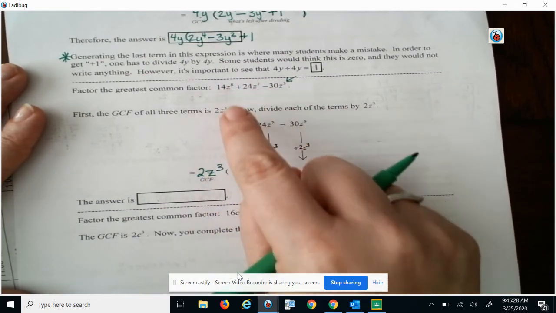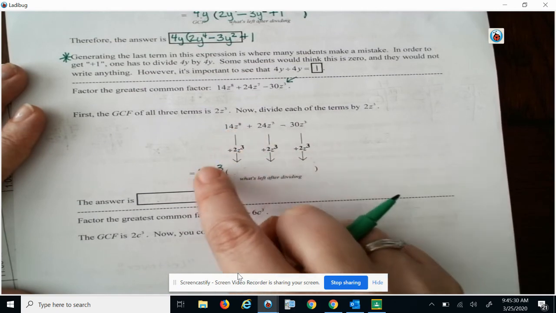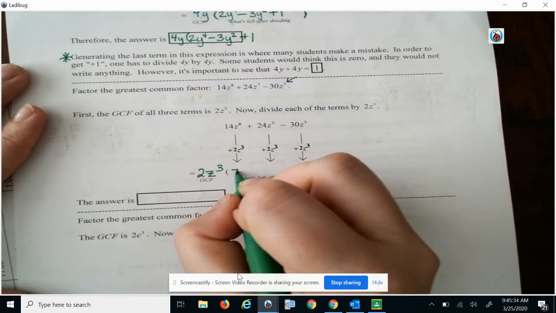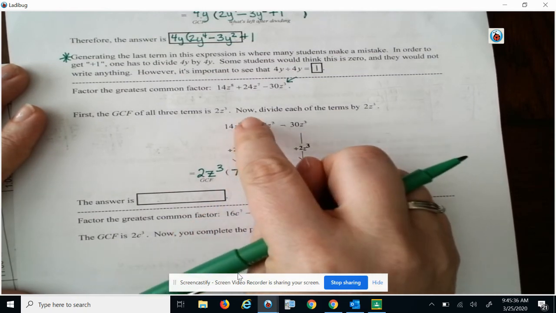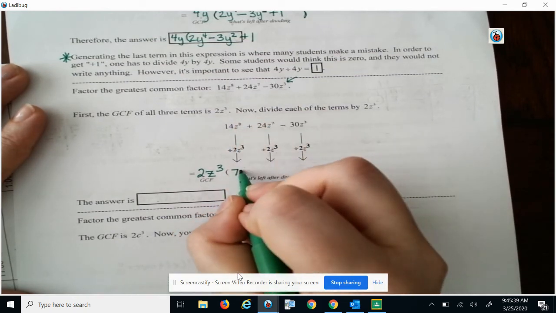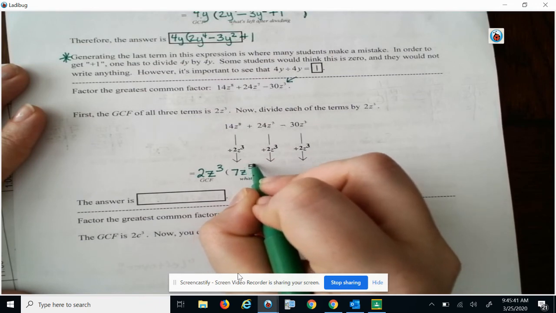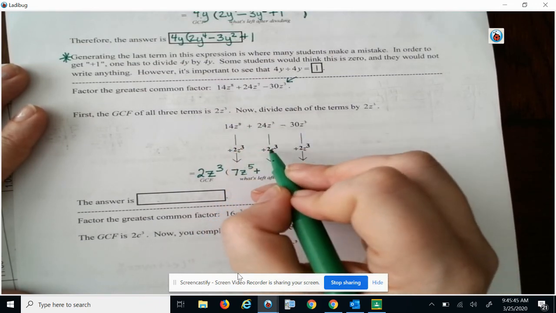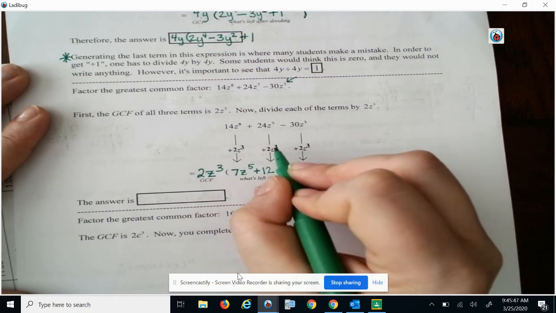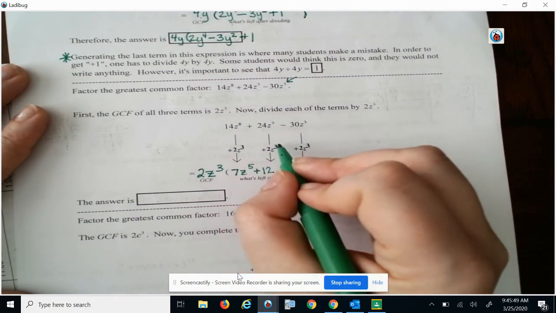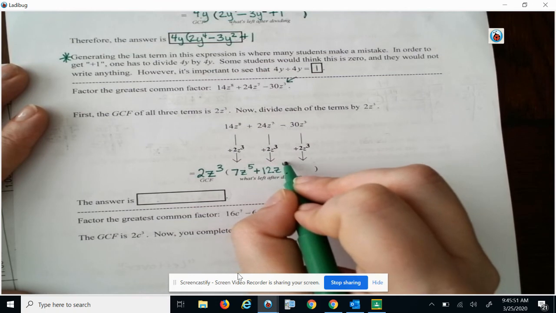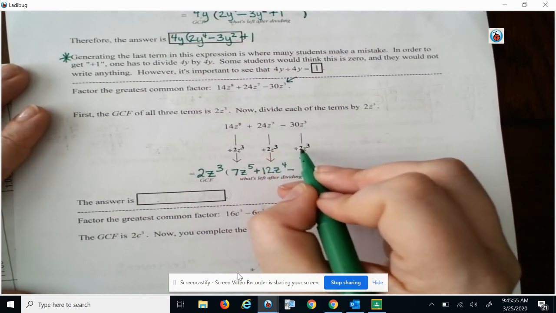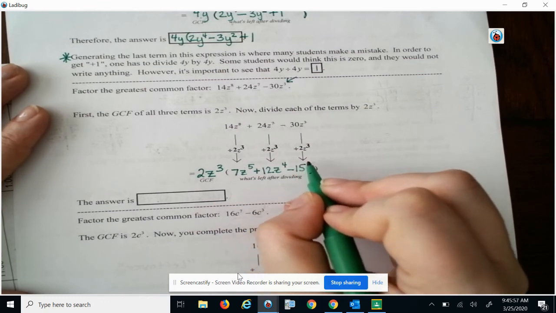So we get 18z to the 8th divided by our GCF. 14 divided by 2 is 7. Subtract your exponents. 8 minus 3 is 5. Bring down your plus. 24 divided by 2 is 12. Z, subtract 7 minus 3 is 4. Bring down the minus. 30 divided by 2 is 15.